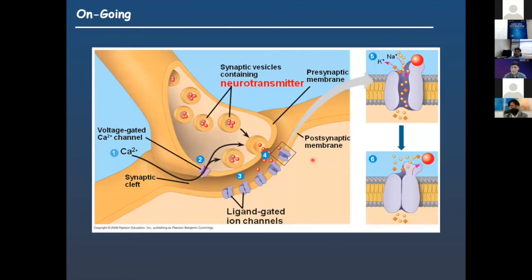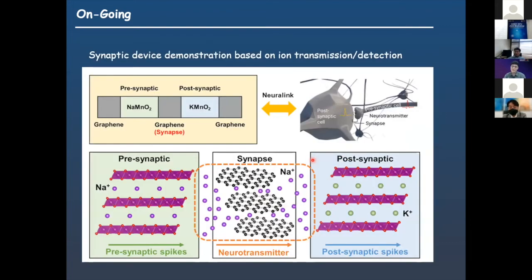Okay. And I also have another suggestion for the 2D metal oxide case. Between the synapses, basically the communication element is the alkali metal ion. Many people say the synaptic device is mimicking the neuron synapse, but basically synaptic devices mimic their function, not their mechanism exactly.